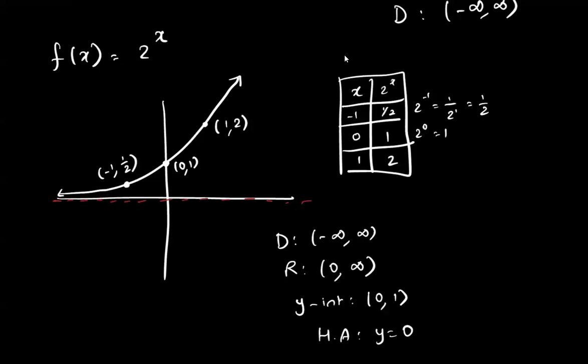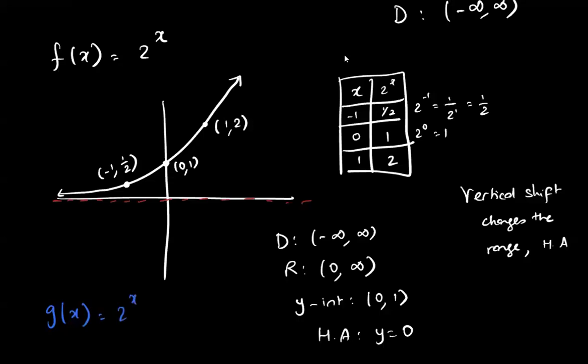Now, any vertical shift to this graph changes the range as well as the horizontal asymptote. So, for example, if I want to graph another function, 2 to the power of x minus 3, then every y value moves down.